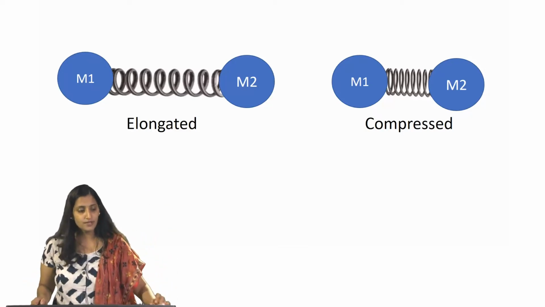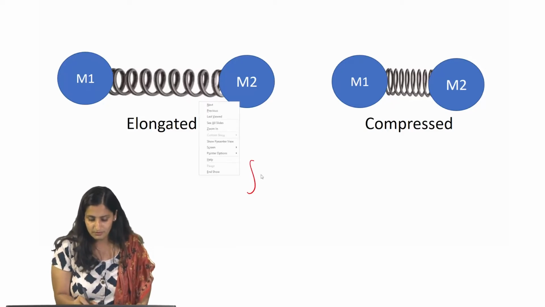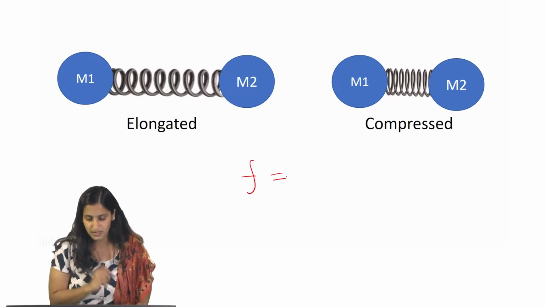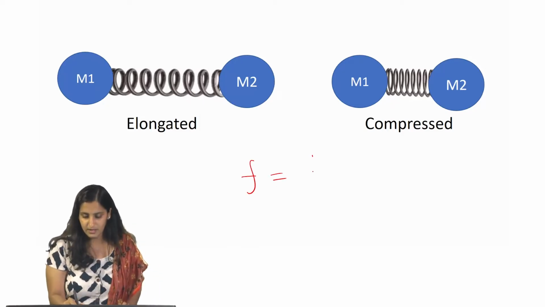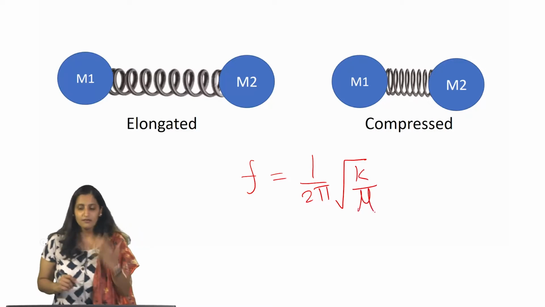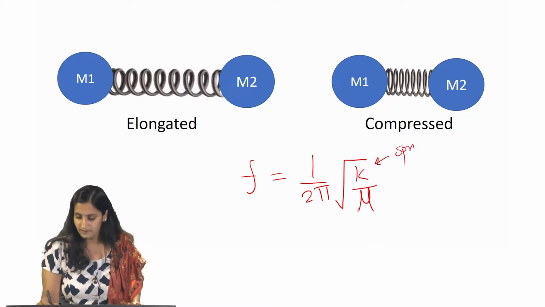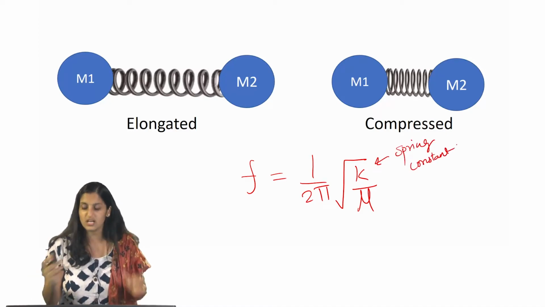If we go back to the physics principles, the frequency with which this spring can vibrate is given by 1 over 2 pi root of k by mu, where k is the spring constant, and this really has to do with the construction of the spring.